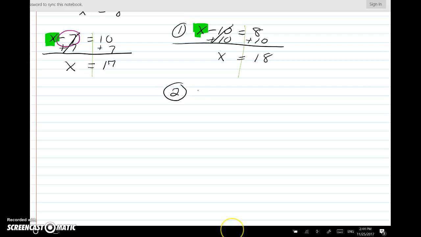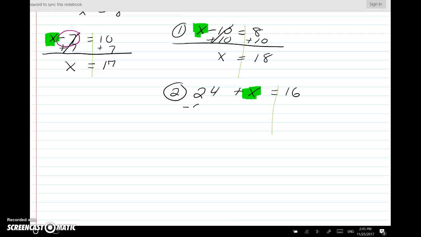Problem 2. Whoops, that's not 24. 24 plus x equals 16. Again, put your answer in the box when it pops up. Isolate the variable. Draw the line down the equal sign.